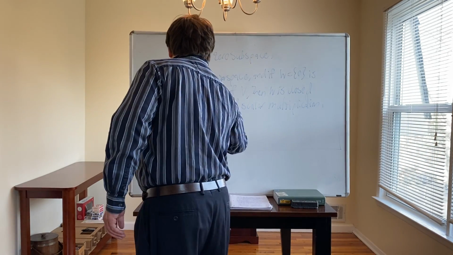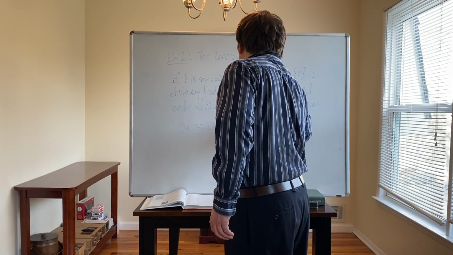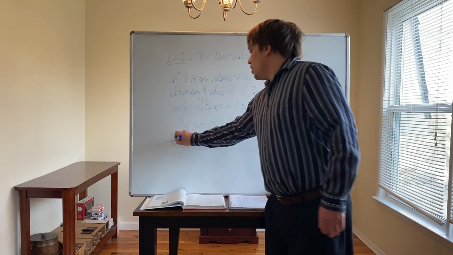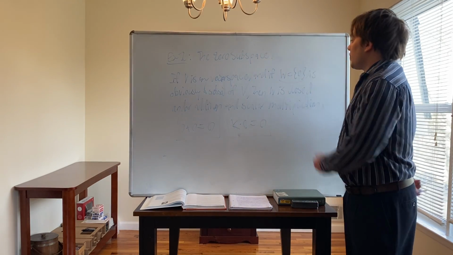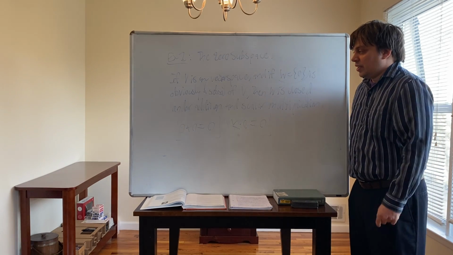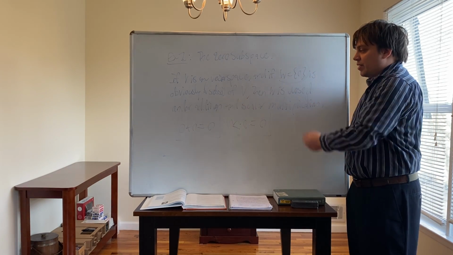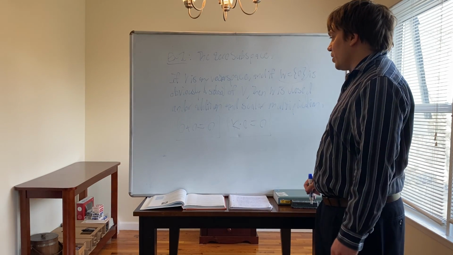If we take the zero vector and add the zero vector to it, we get the zero vector. If we take any scalar and multiply it by 0, we get 0. So what these two equations show us is that I can take any vector in this set, only 0, and 0 plus 0 is 0, and k times 0 is 0. So that's closure under addition and scalar multiplication.